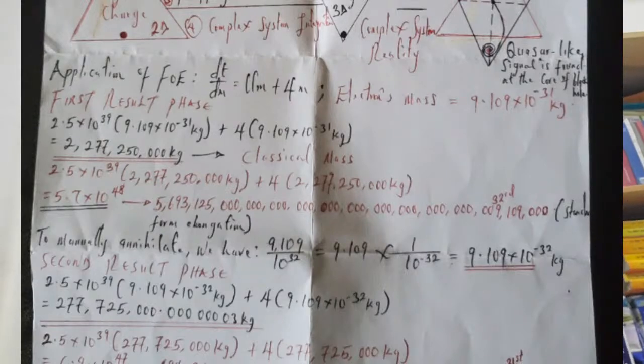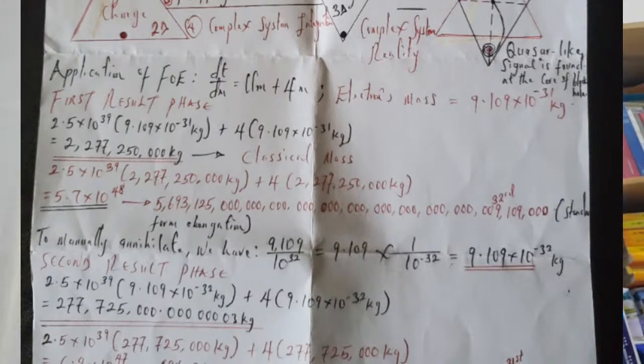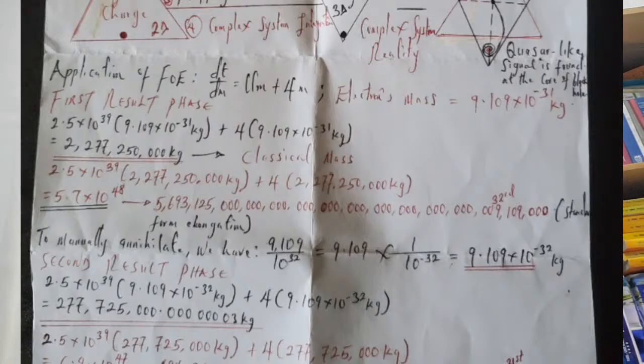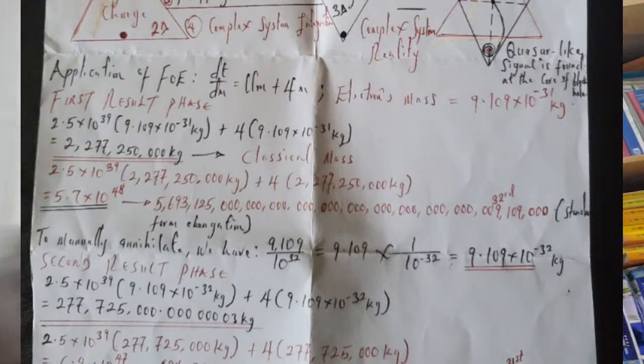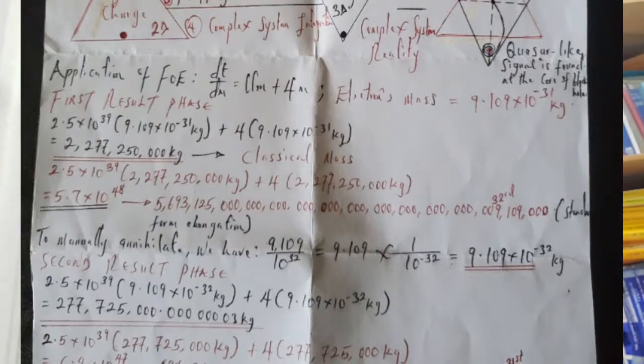If you want to know how this formula is derived, you can get the Time Theory of the Universe. There I derived this formula. When you get a copy of that research publication in that peer-reviewed journal, you can see how the formula is derived right there.